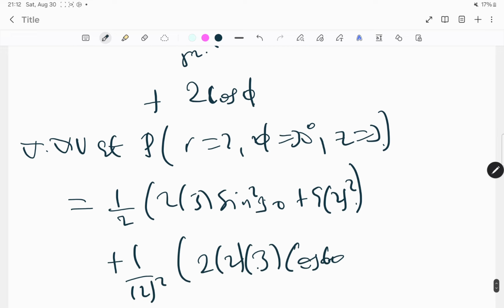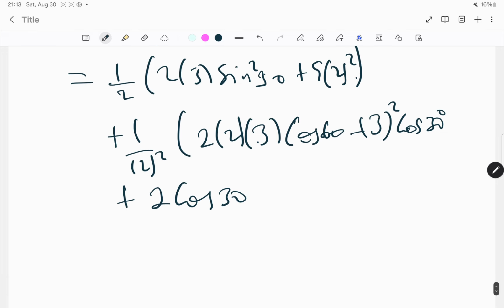No, it's rather 2 cos 30. So when you do all this, you get the answer to be equal to 19.658.